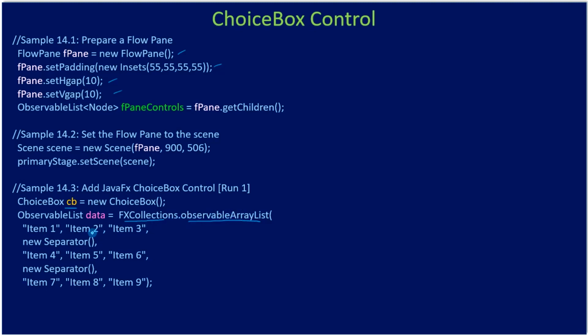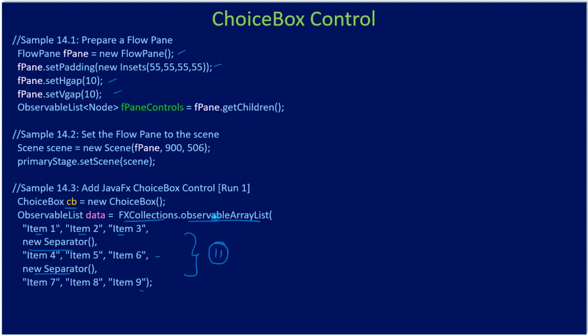You can pass n number of arguments, and if you see, 1 2 3, 3 plus 3 is 6, plus 3 is 9. So we are adding 9 string items and 2 separators. So totally there are 11 items in this data collection.